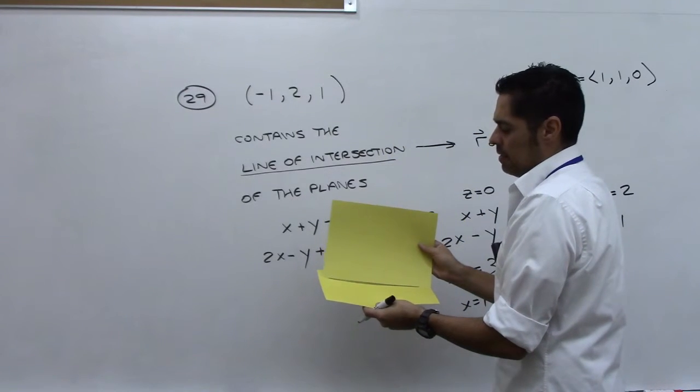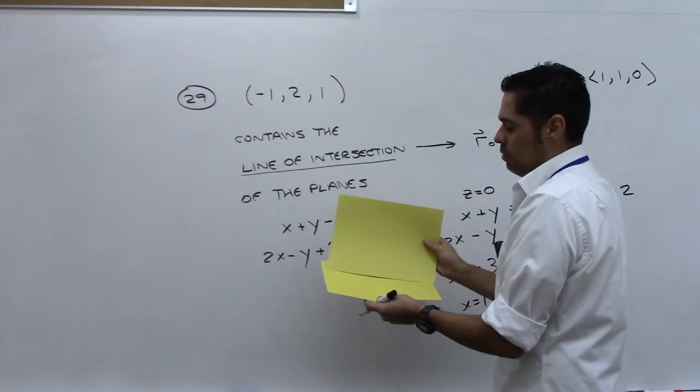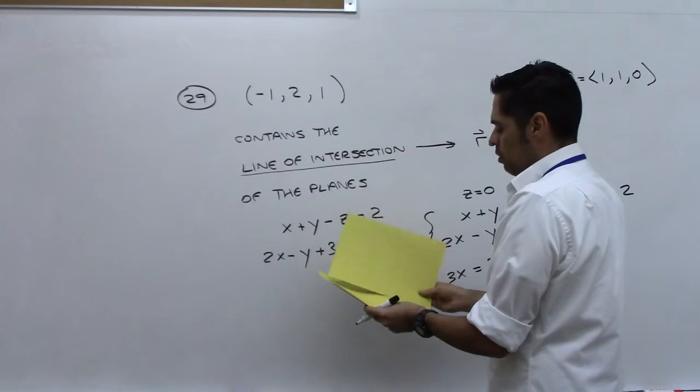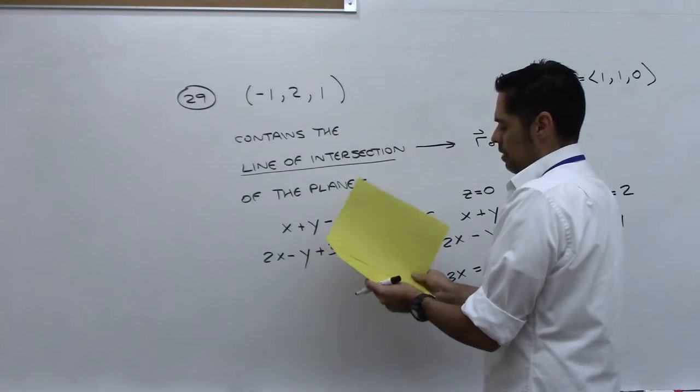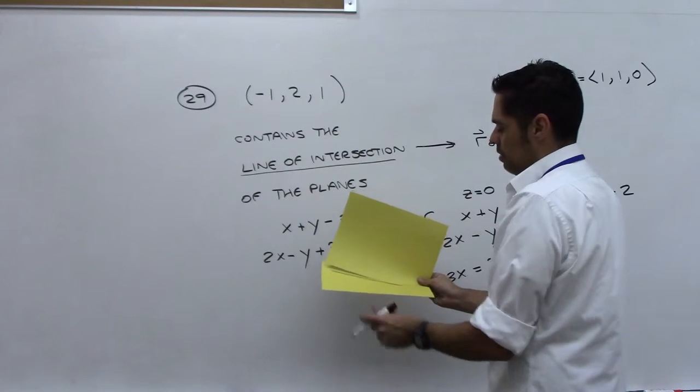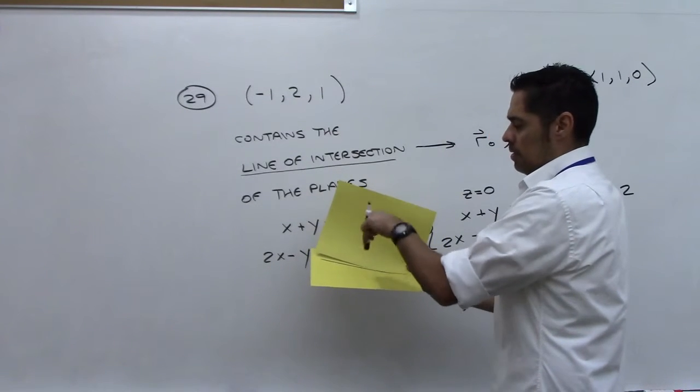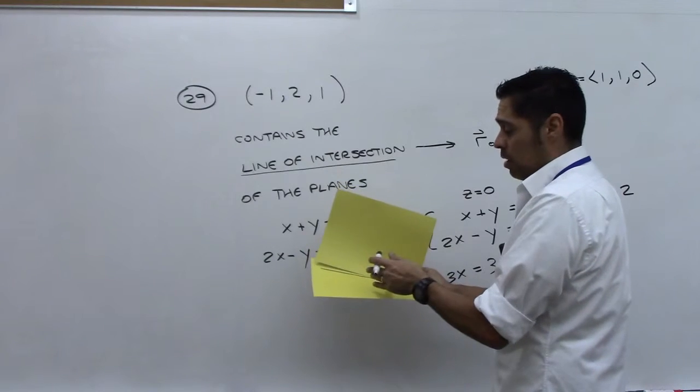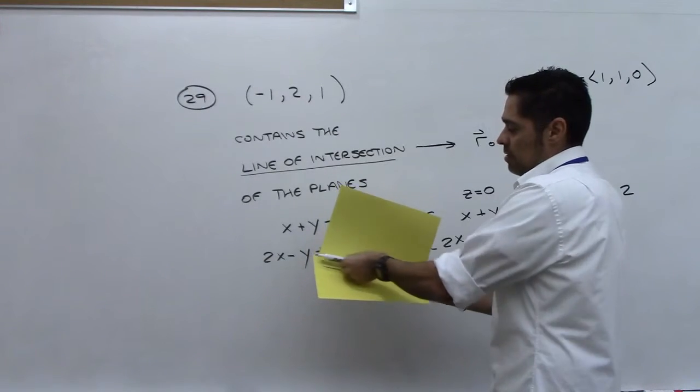To find the direction of that line, what we'll do is take the normal, and I've done this in class, so this is not new. Take the normal of this plane, the normal of this plane, cross product them, and it will give me the direction of this line.